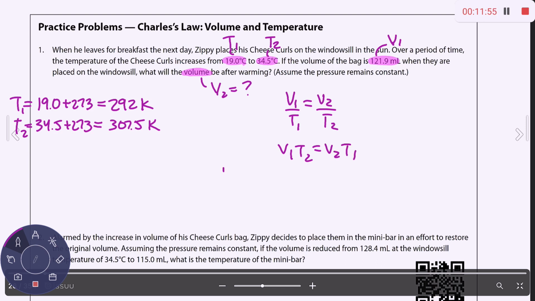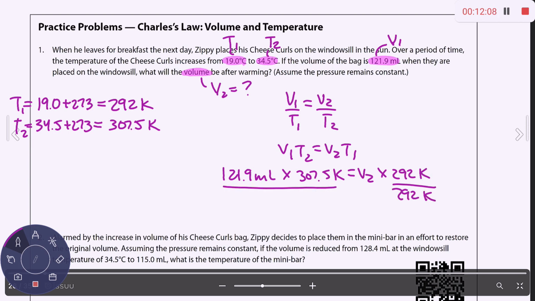And then 121.9 times 307.5 equals V2 times 292. Divide both sides by 292. This cancels. You're going to end up with 128 mils.